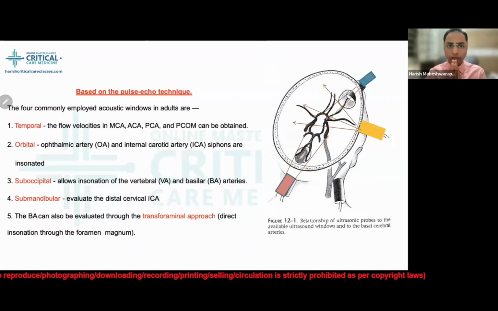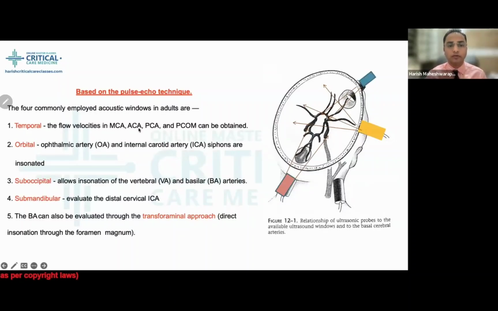Based on the pulse echo technique, there are 4 commonly employed acoustic windows in adults, meaning the places where we can place the probe to do this transcranial Doppler. We have the temporal window, through which we can get the middle cerebral artery, anterior cerebral artery, posterior cerebral artery, and posterior communicating artery.